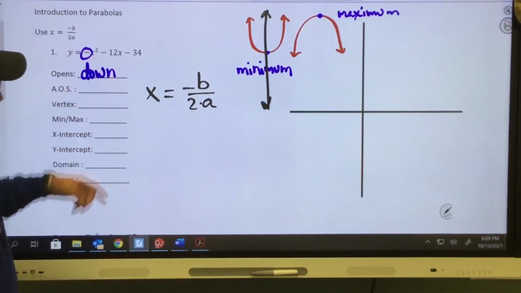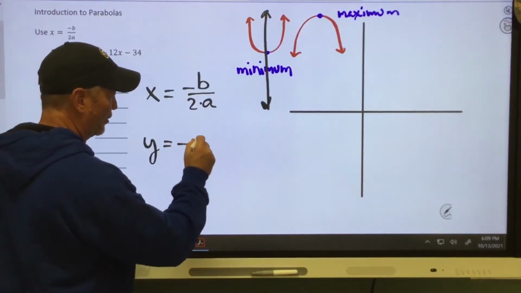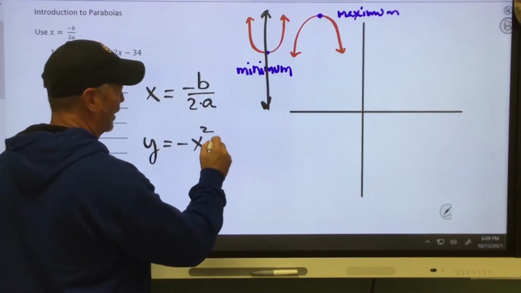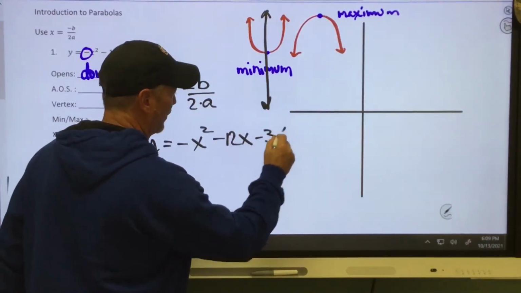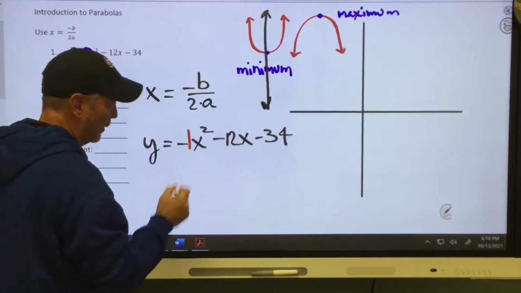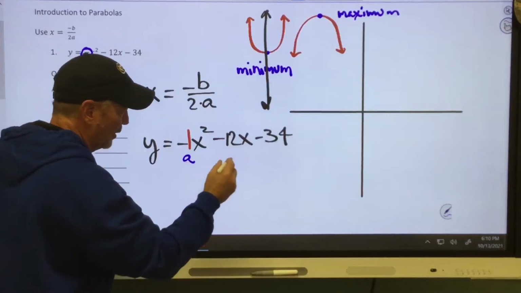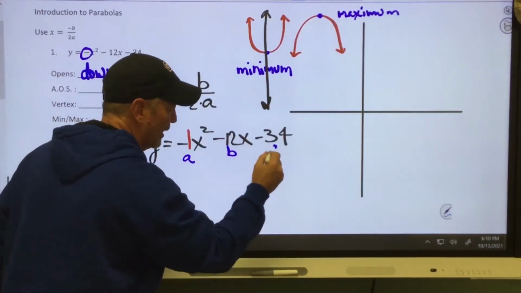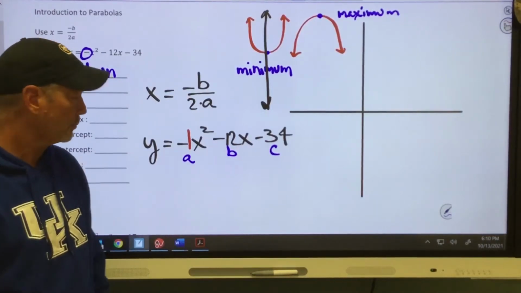Now in my equation, y equals negative x squared minus 12x minus 34, there's an invisible little 1 right here. So when we label this, this is my a value, this is my b value, and that is your c value. Do you remember that from Algebra 1?